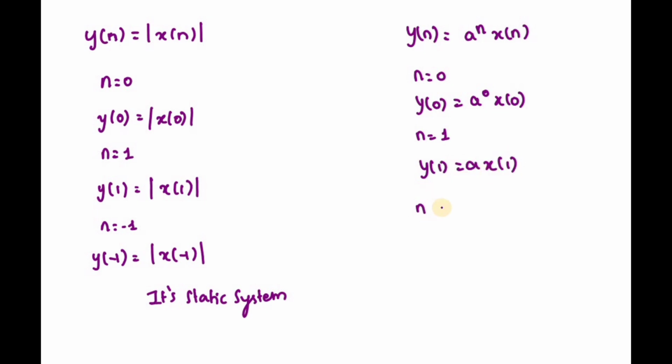For n is equal to minus 1, y of minus 1 is equal to a power minus 1 x of minus 1. So you have to look only at these two terms. If it is present, this is also present. So it doesn't require any memory, right? So it is a memoryless system, which is also called a static system.